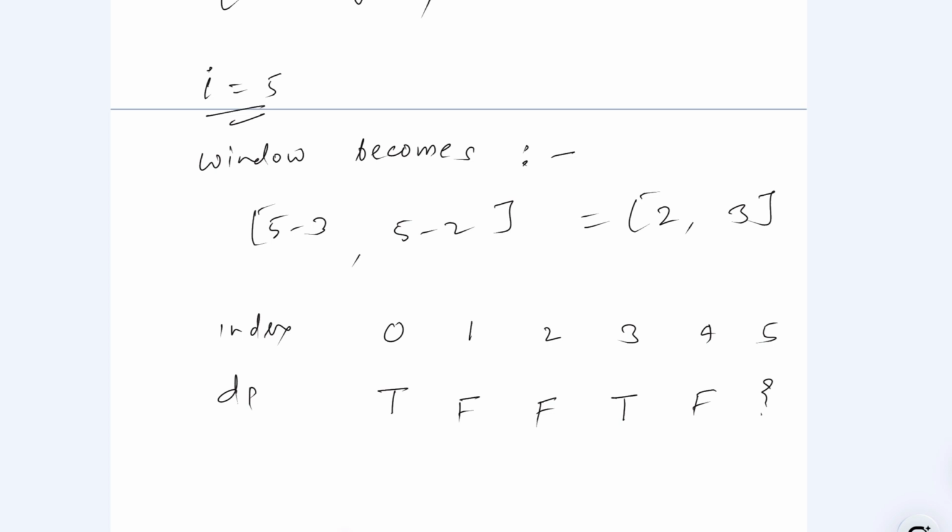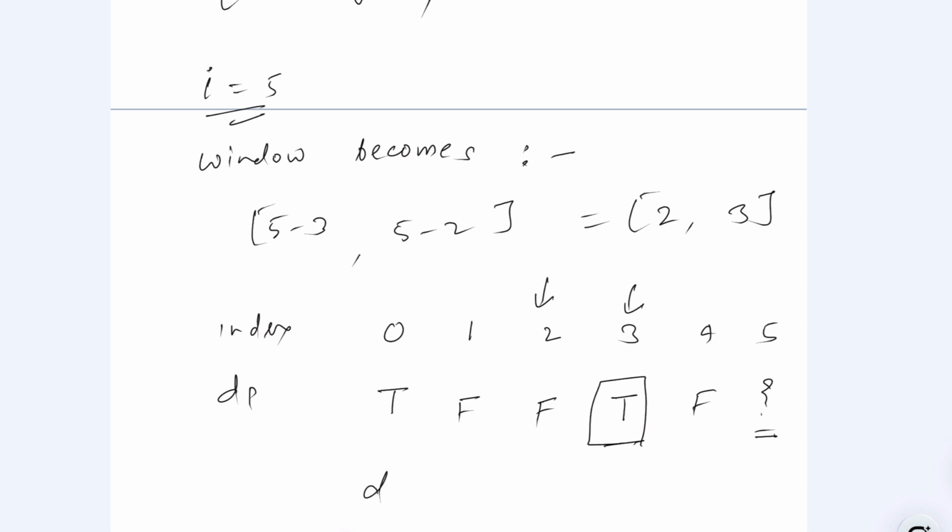We check inside the window, let's suppose, and we say at least one should be true, to see if this is reachable or not. So either this position or this position should be true. If at least one is true, so here we found that this is true and this is true.